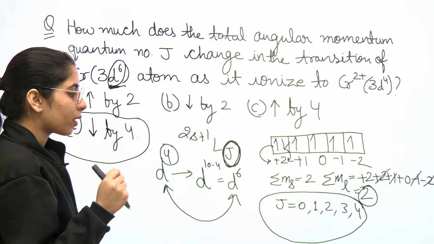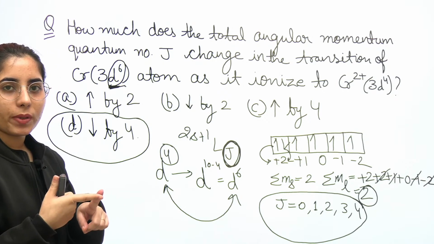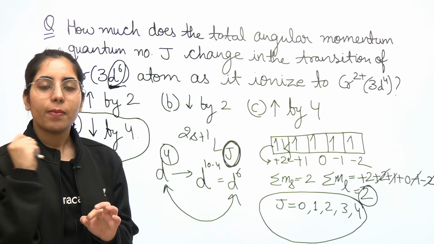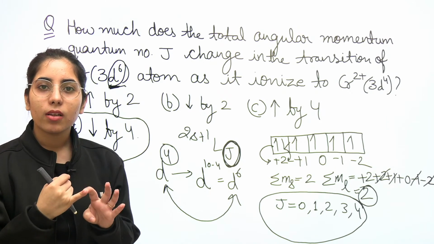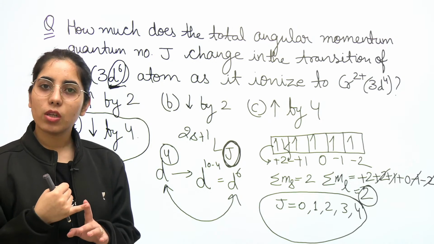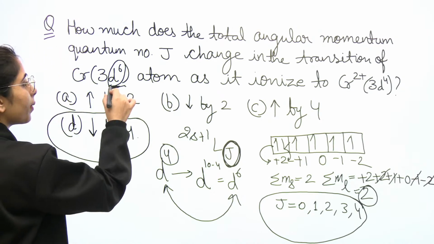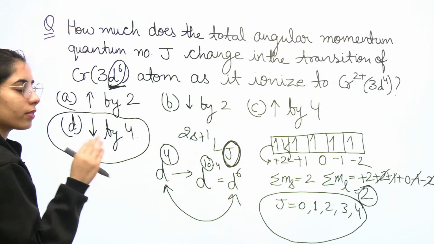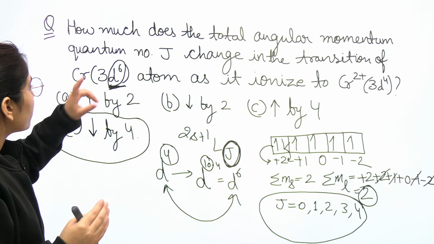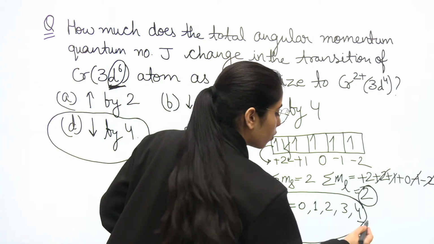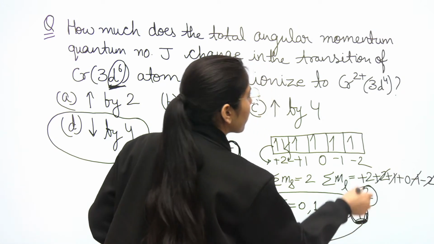If I am going to talk about the ground state spectroscopic term, as per Hund's rule we have a statement: if any shell is more than half filled, then the largest J value will have the lowest energy. If I am talking about D6, the maximum can be 10, half of 10 is 5. D6 is more than half filled, so the maximum J value will have the lowest energy, that is 4.